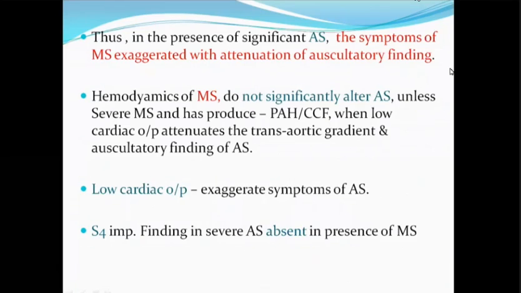Low cardiac output exaggerates the symptoms of aortic stenosis, because there is already aortic stenosis, and low cardiac output causes more exaggeration of those symptoms. S4 is an important finding in severe aortic stenosis, which is absent in the presence of mitral stenosis.